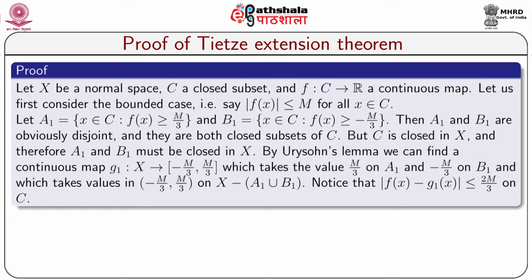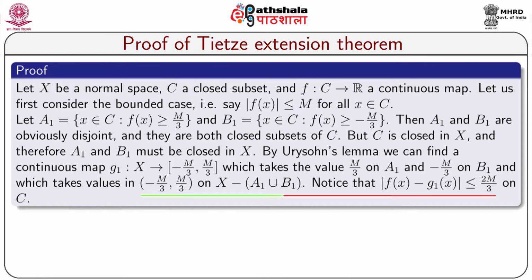By Urysohn's lemma, therefore, we can find a continuous mapping G1 from X to the closed interval [minus m/3, m/3], which takes the value m/3 on A1 and minus m/3 on B1, and G1 takes values in the open interval (minus m/3, m/3) on X minus A1 union B1.